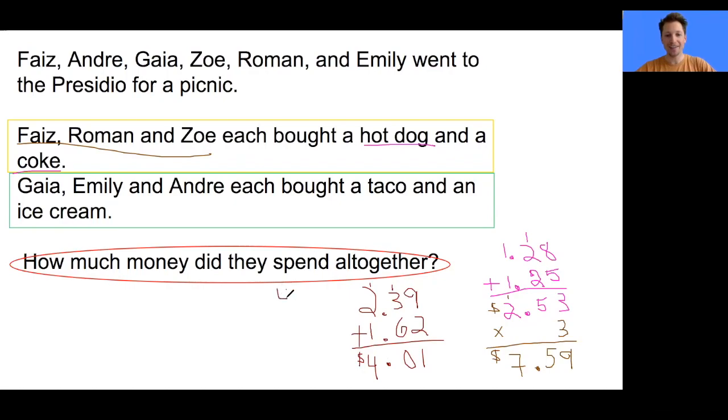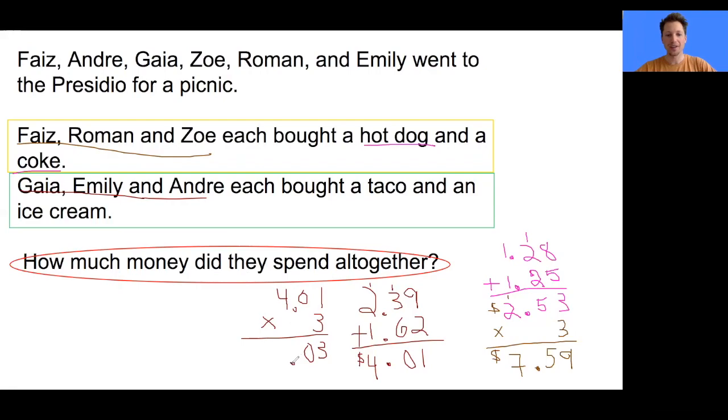So I need to take this $4.01 and multiply it by 3 because we have Gaia, Emily, and Andre who are all ordering it. So for 3 people, this one order for 3 people. Okay, so multiply it by 3. Now, 3 times 1 is 3. 3 times 0 is 0.